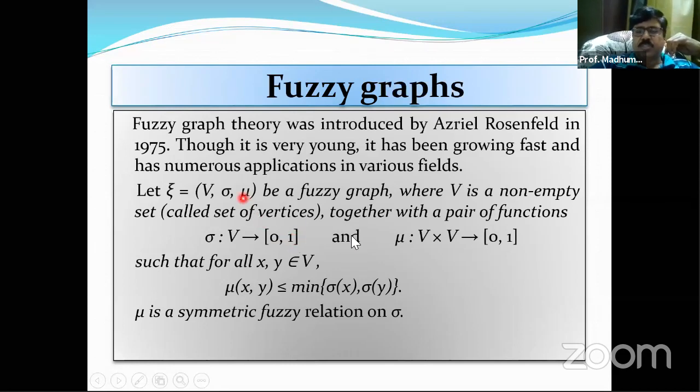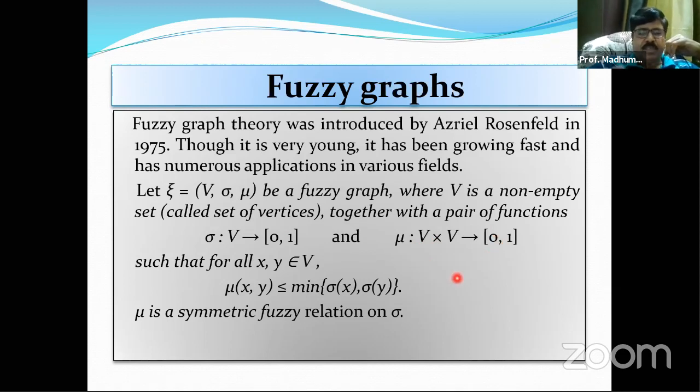Similarly, mu is a function from the set of edges, V cross V, which is a Cartesian product. Any element of V cross V is an edge. So mu is a mapping from any edge to the unit interval 0, 1.